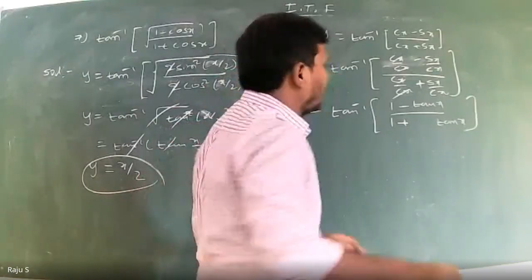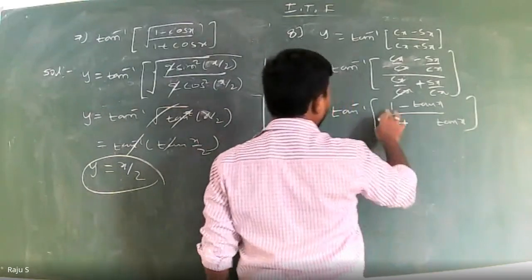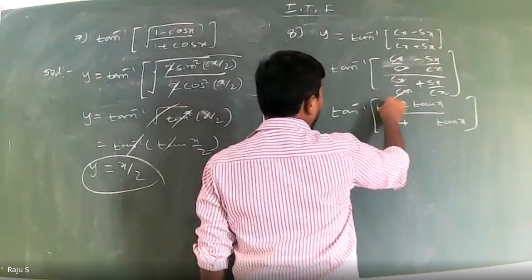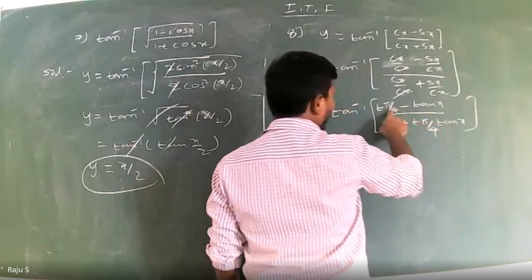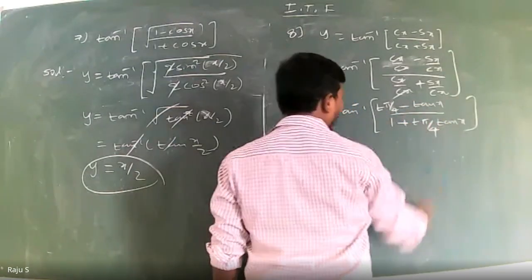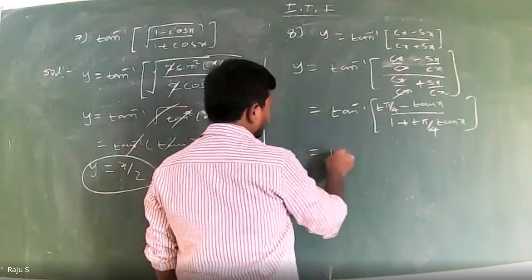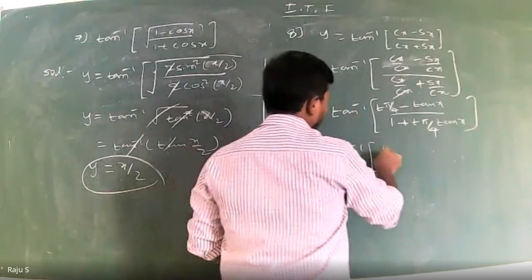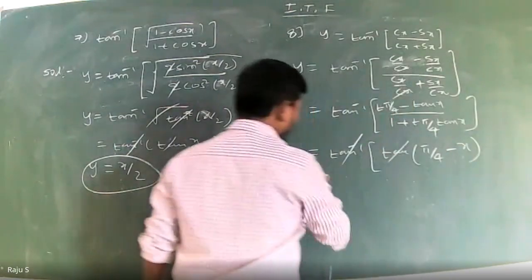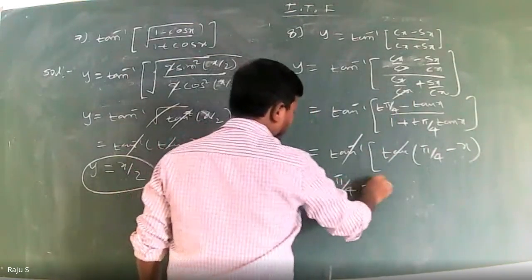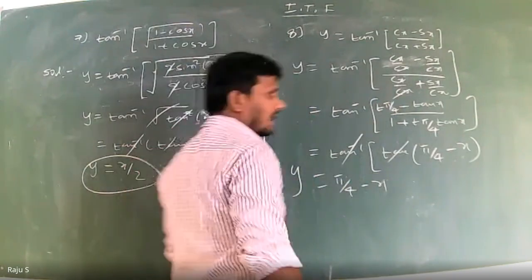Exactly, because 1 can be written as tan pi by 4. Here tan A minus tan B by 1 plus tan A tan B is tan of A minus B. So the tan inverse cancels, and this is equal to pi by 4 minus x. That is the simplest form.